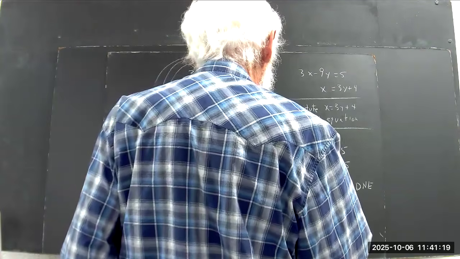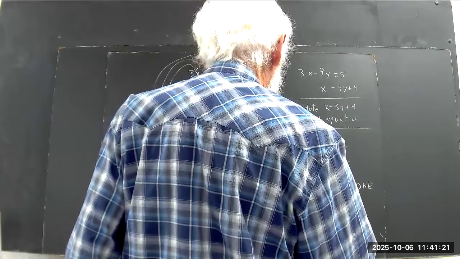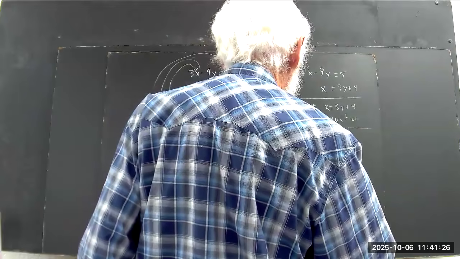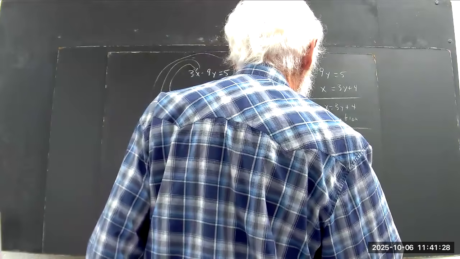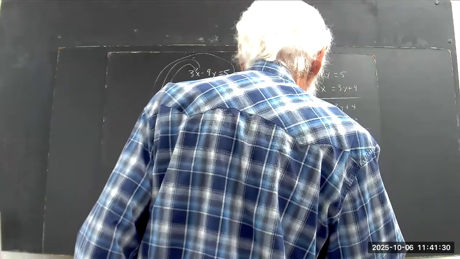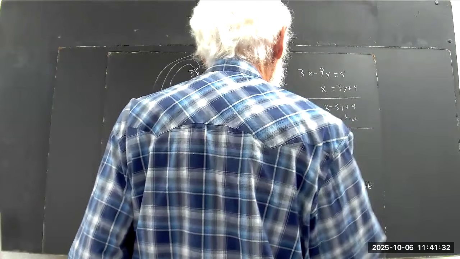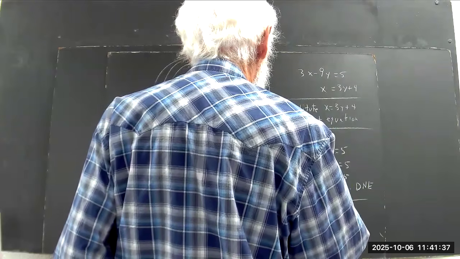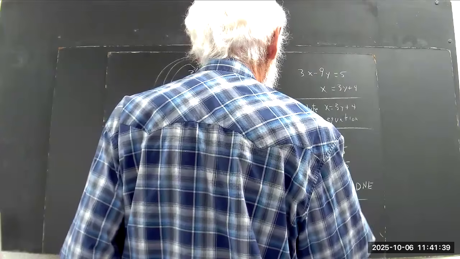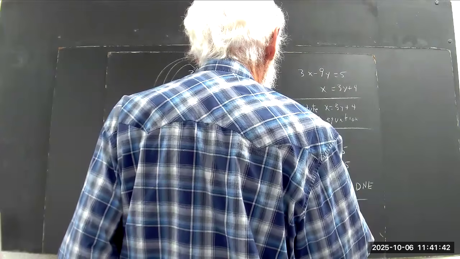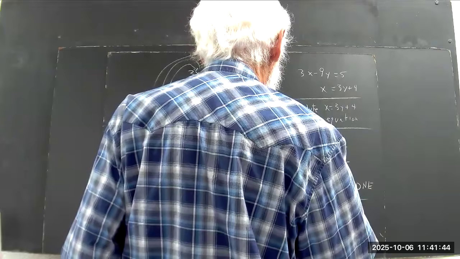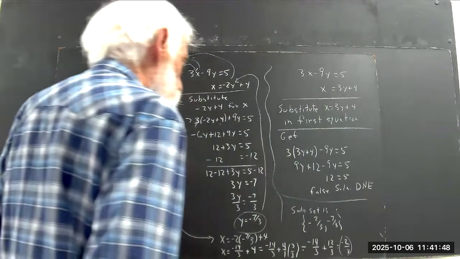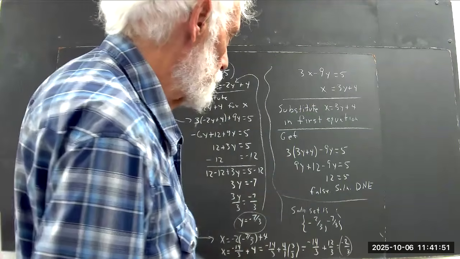So that's -14/3 plus 12/3, which is -2/3. And your solution set is -2/3, -7/3.